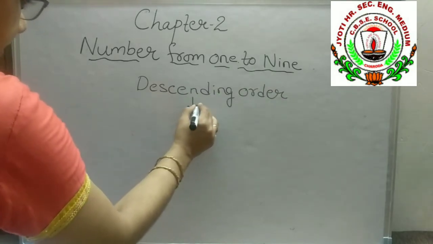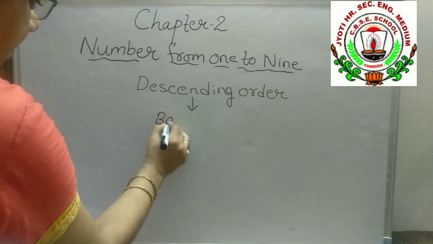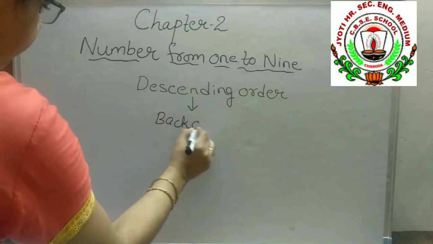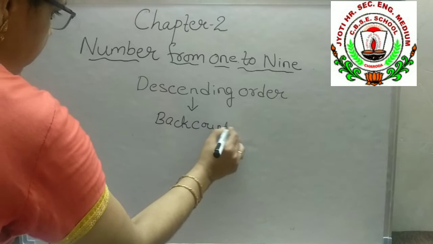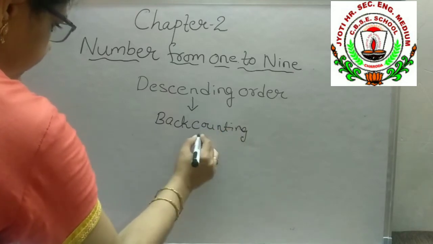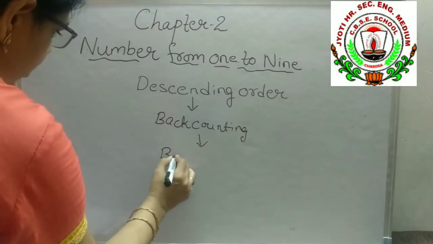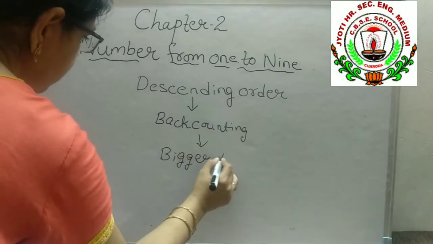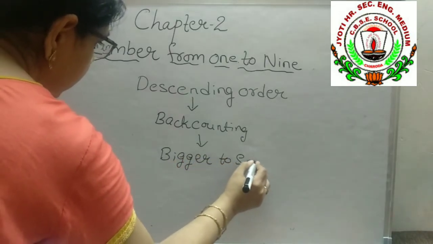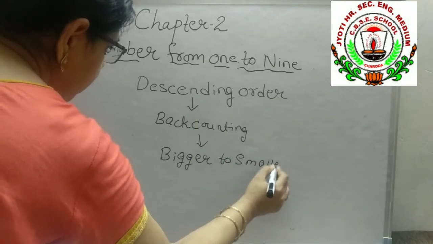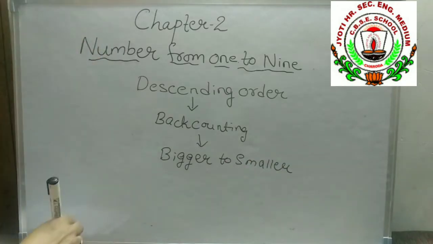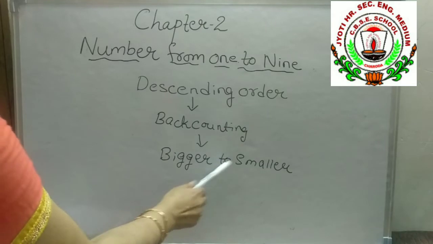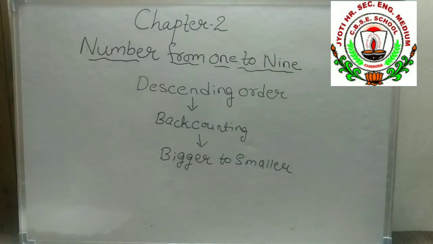In descending order, you have to write the backward counting, or you have to arrange the numbers from bigger to smaller. In descending order, you have to arrange the numbers from bigger to smaller.